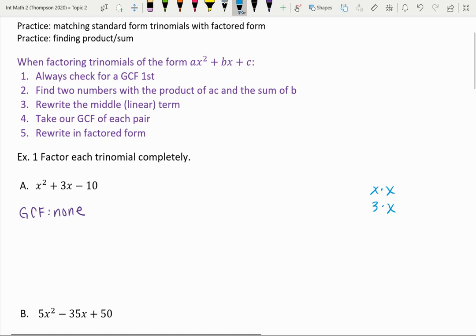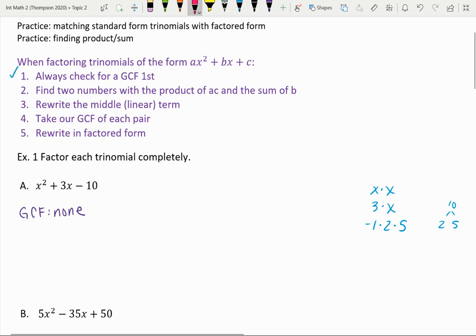The prime factors of 10, when I do my factor tree, the things that multiply to 10 are 2 and 5, so I would have negative 1 times 2 times 5. If I look at those lists, you'll notice there's nothing that all of them have in common, which is why I have no GCF here. Okay, that's my first step.